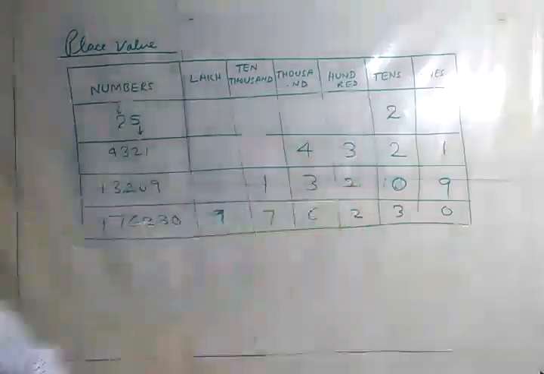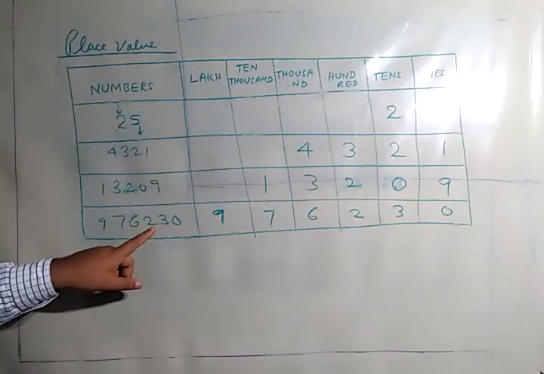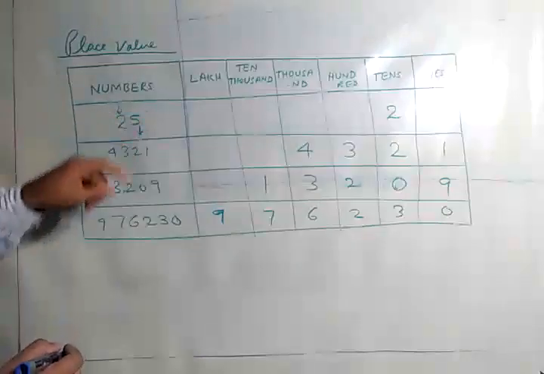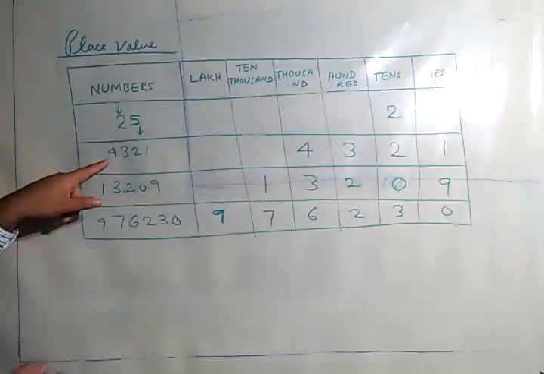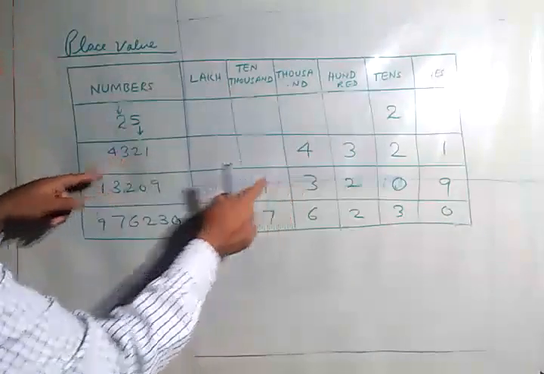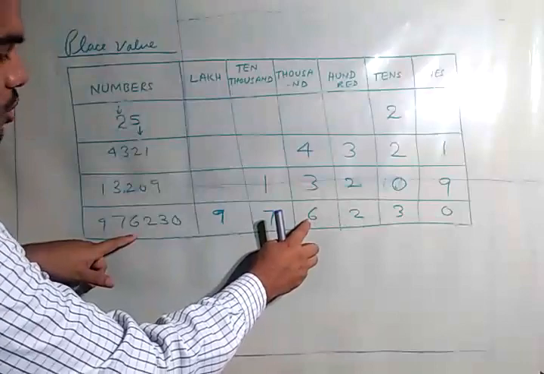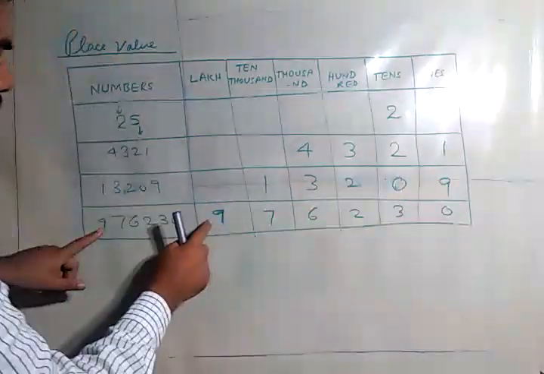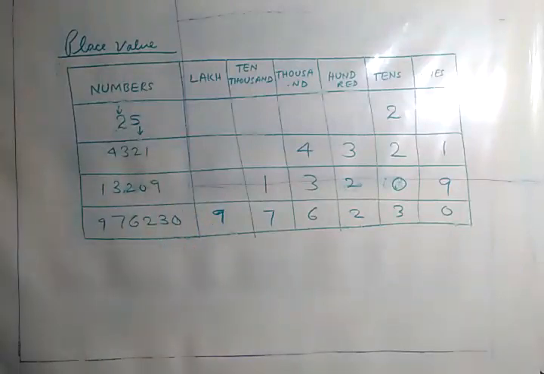That means hundreds position. Then here it is again in hundreds position. Here again it is in hundreds position. Now you see 5 is in ones position. 4 is in thousands position. 3 is in hundreds position. Here 6 is in thousands position. Here 9 was earlier in ones position. Here 9 is in lakh position.